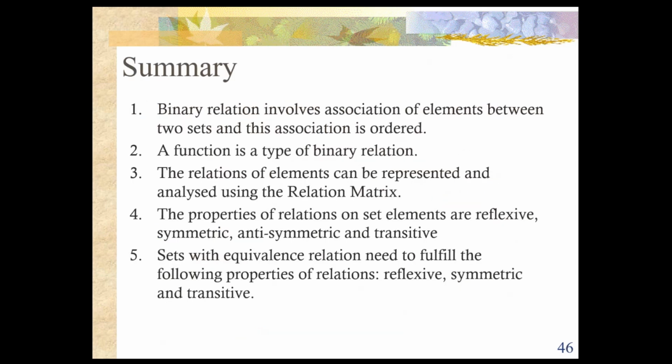Let's go through the summary. We have learned about relations, which connect the elements of sets. Actually, it's the arrows that connect the elements of sets. If only two sets are involved, then it is called a binary relation.